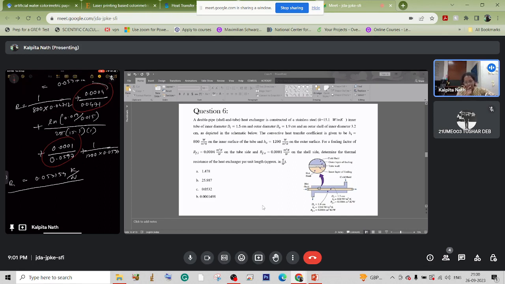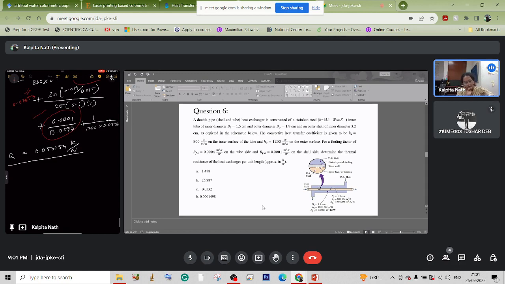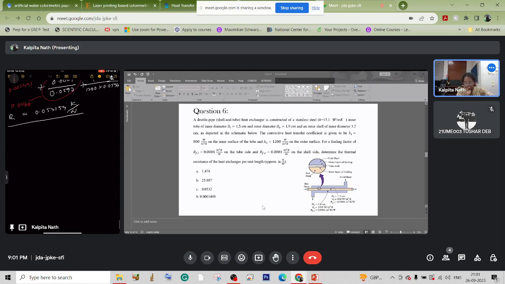Basically, if we calculate these separately, they come out to be 0.02653, 0.00849, 0.002491, 0.00168, and 0.01395.